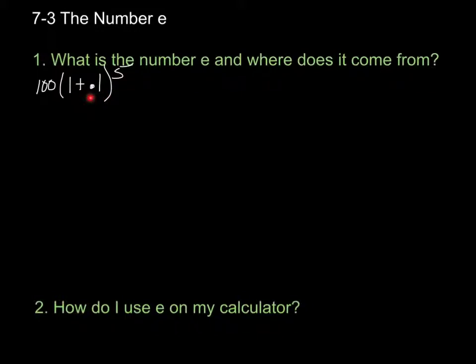I'll get all my interest on December 31st. I'll get my chunk of interest. And if I calculate that out, which you already know how to do, you will end up with $161.05.